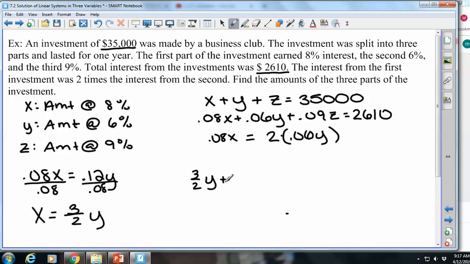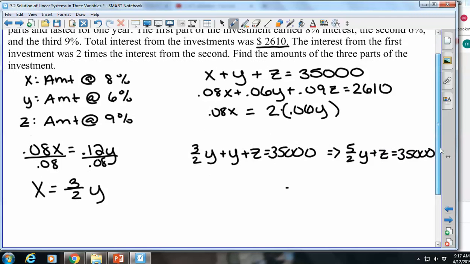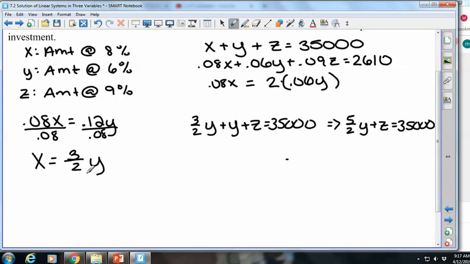So the first one, I would have 3/2y plus y plus z equals 35,000. 3/2 plus 1 would give me 5/2y plus z equals 35,000. Combine our like terms.